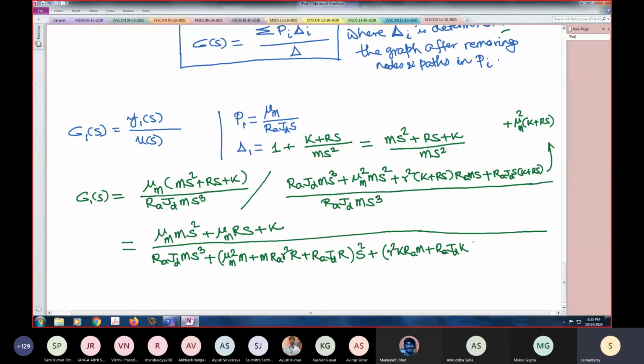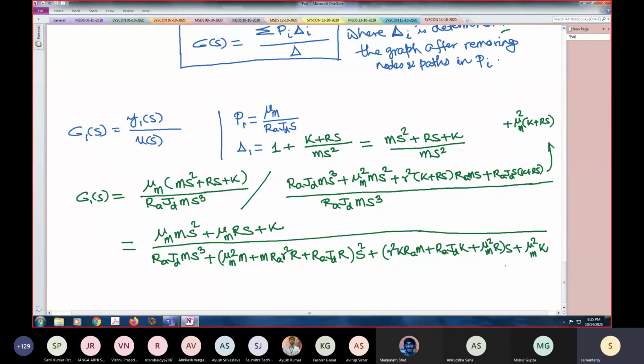And there we will have mu m square r s plus constant is mu m square k. So this is the transfer function of our system.